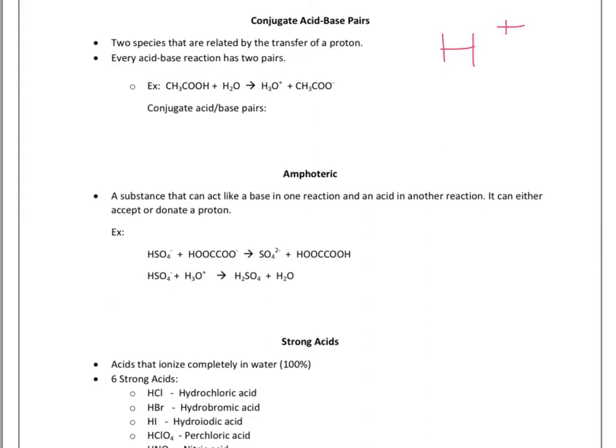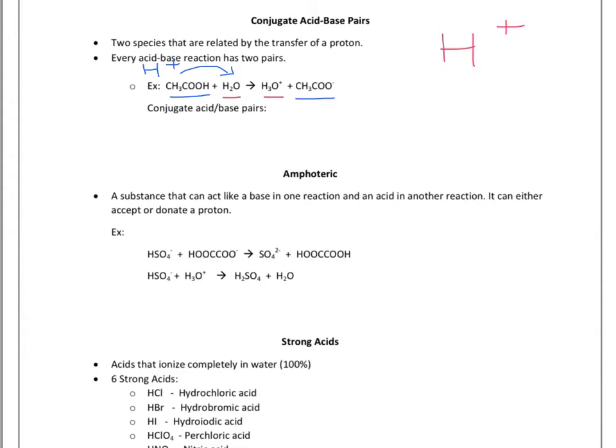You can see on the products that acetic acid must have given away the hydrogen at the end in order to produce the acetate ion. I'll show that with an arrow pointing towards the water. You should also be able to see that water gained the hydrogen in order to make the hydronium ion.